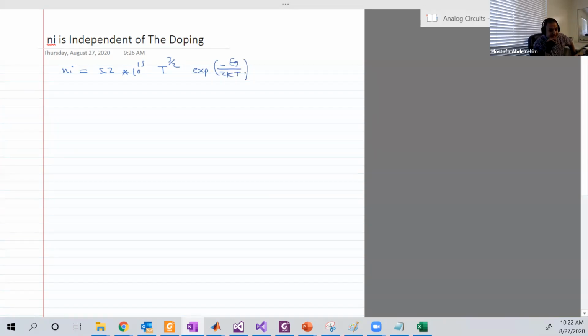Ni, the intrinsic concentration, is independent of the doping. So Ni is always constant, of course at the same temperature.